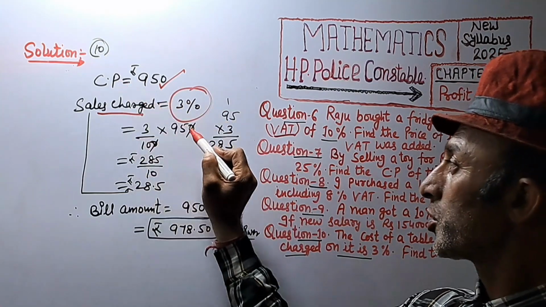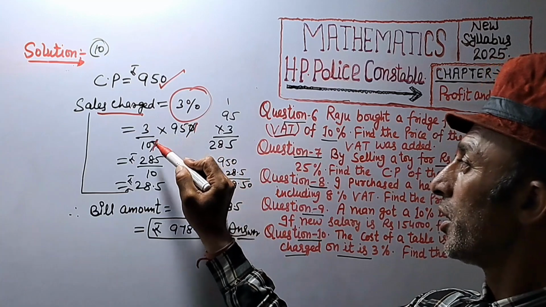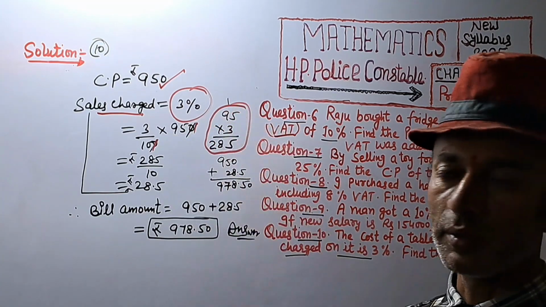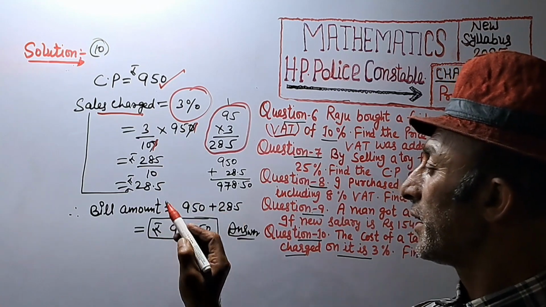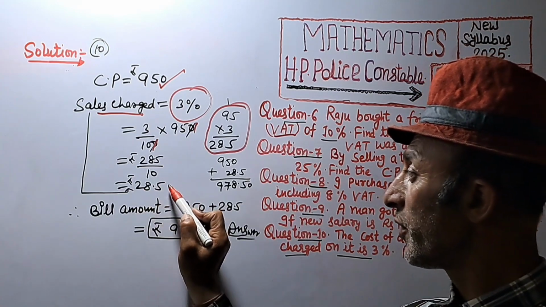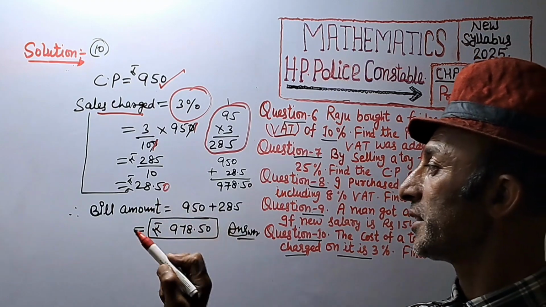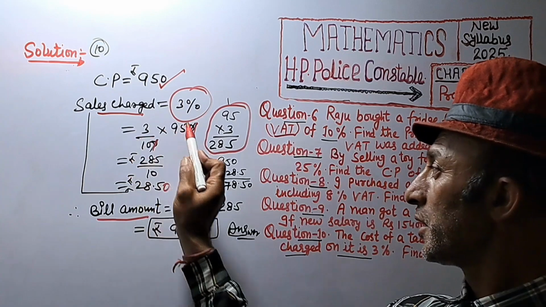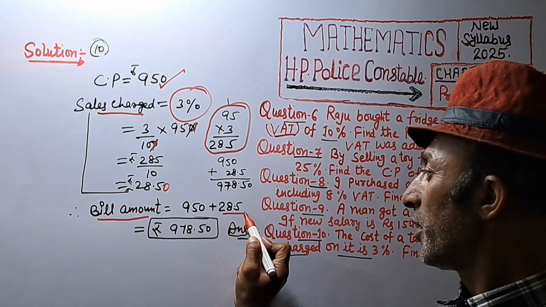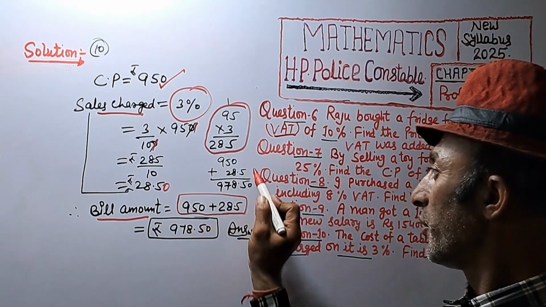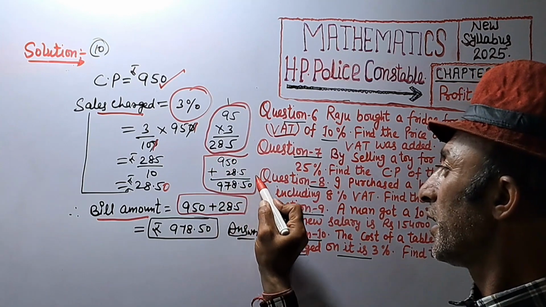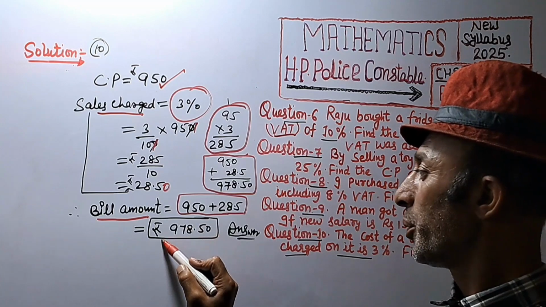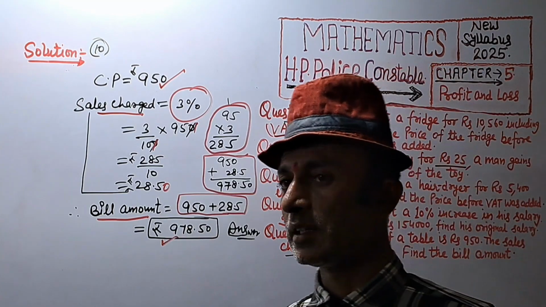So 3% of cost price 950, that is equal to 0 is cancelled and 95 multiplied by 3 is 285 divided by 10, that is 28.50 rupees, and total bill amount equal to cost price plus 28.5. We get 978.50 rupees. Answer.